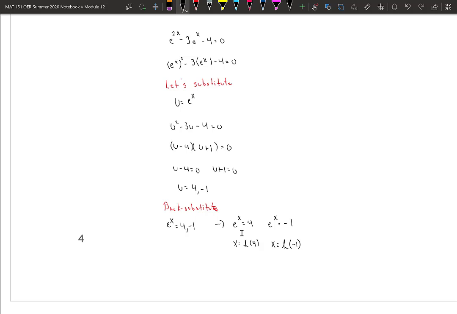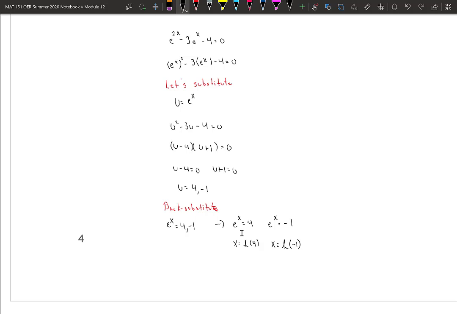Now, do be careful. Before, when we talked about exponentials, your answers can be anything. There's no restriction. So it's usually, assuming you're doing all the work right, usually that's it. But once you get into natural log or any log territory, you have to make sure that you're taking the log of a positive number.